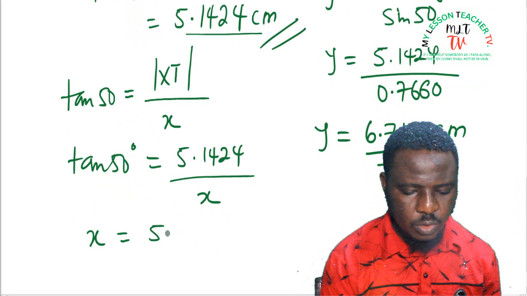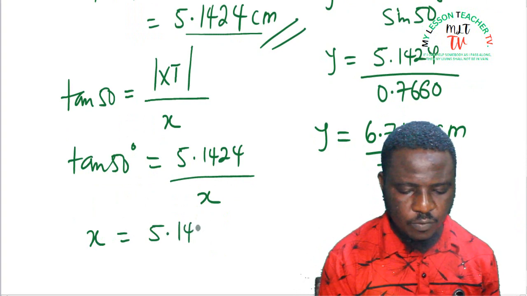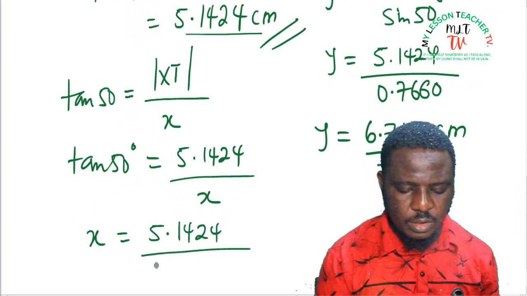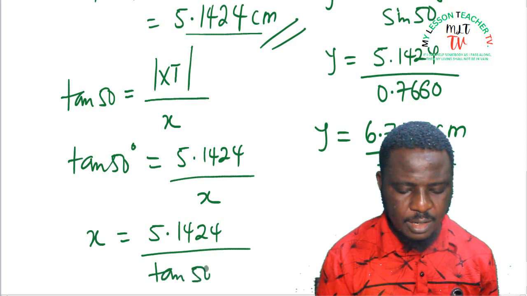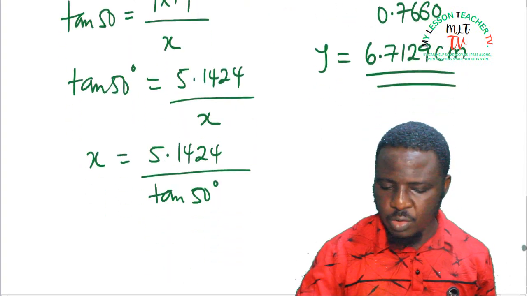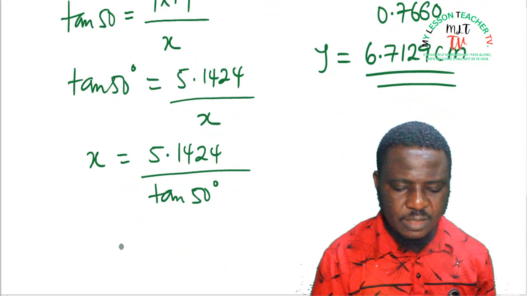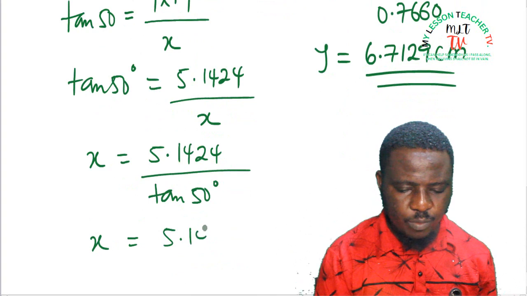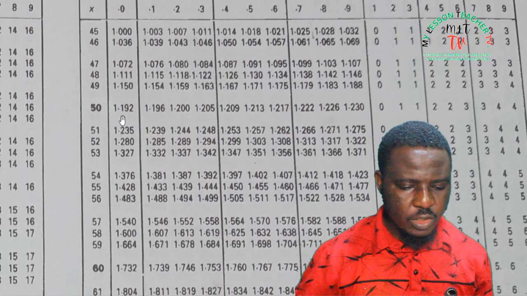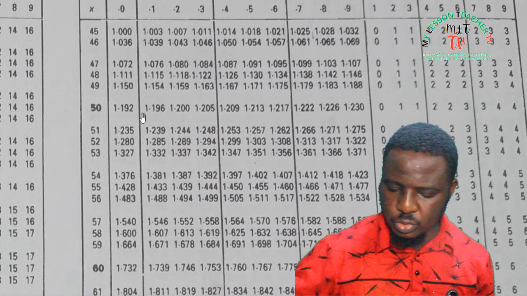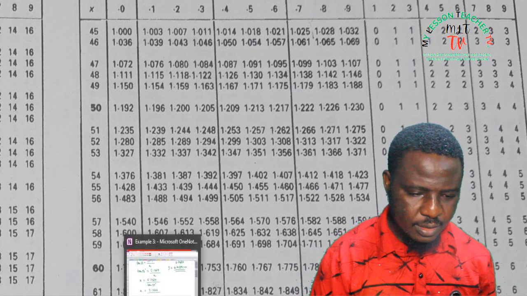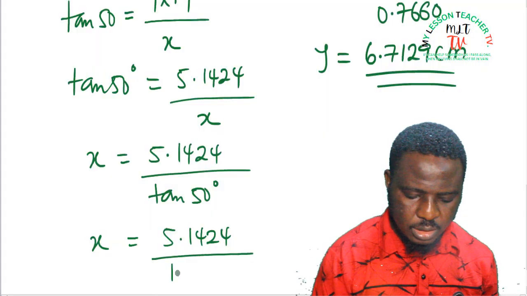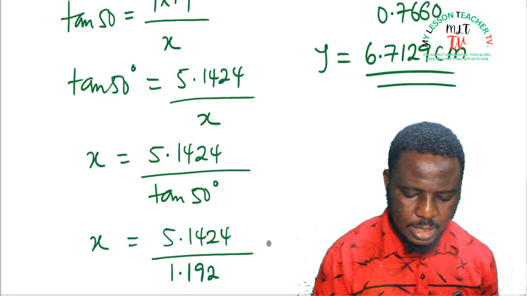Making X the subject of the formula by cross multiplying and dividing, you have it that X is equal to 5.1424 divided by tan 50 degrees. Now you use your tan table to get the value of tan 50. This becomes X is equal to 5.1424 divided by tan 50, which is 1.192.